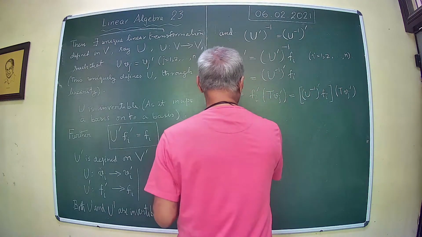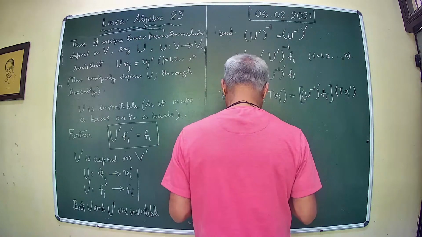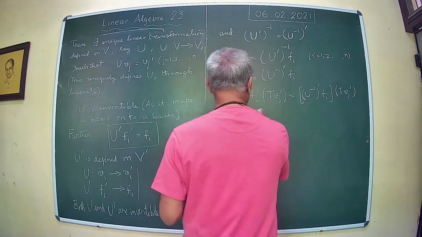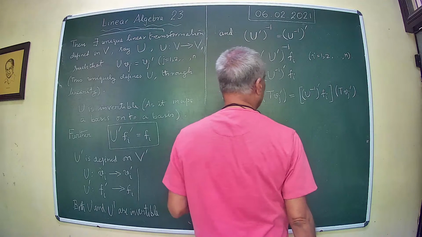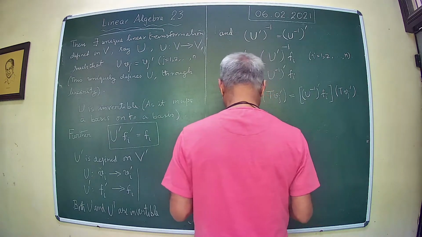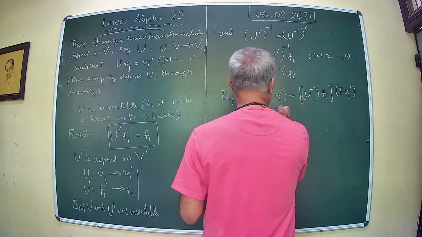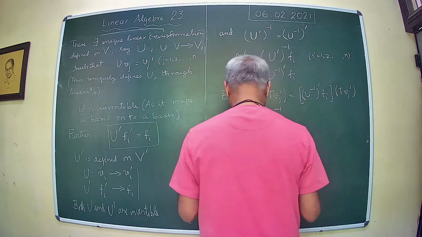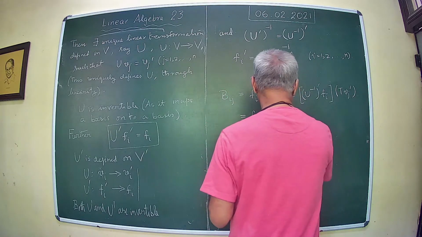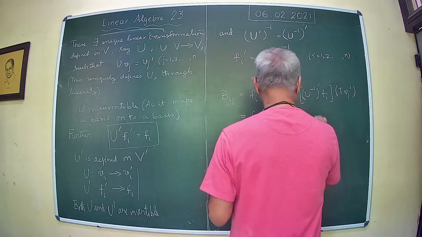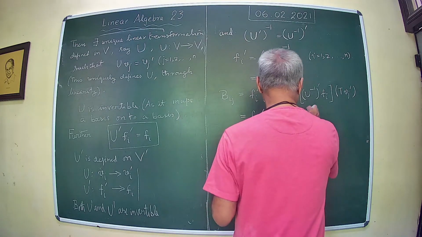Okay, so this gives essentially Fi of U inverse T Vj prime.